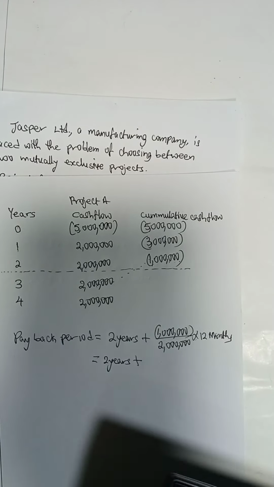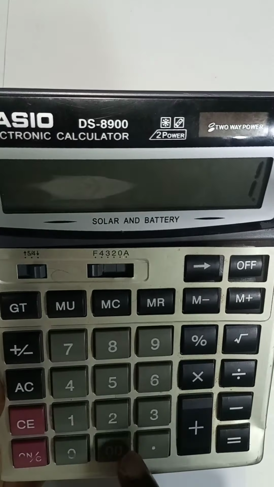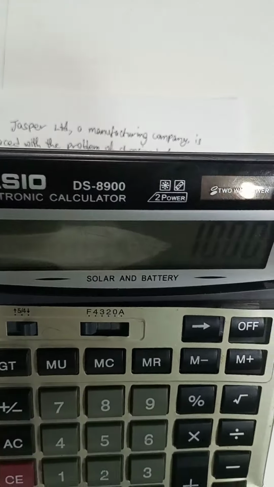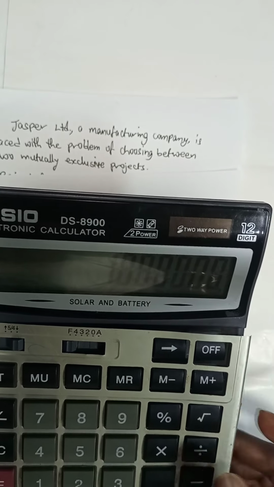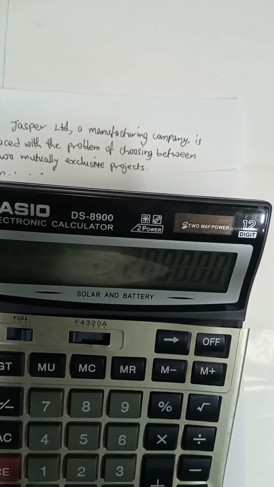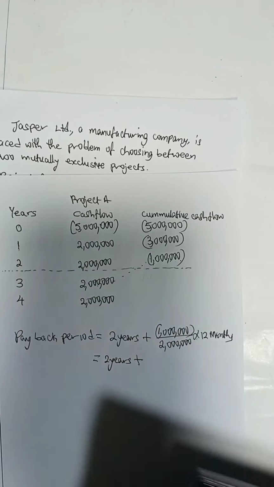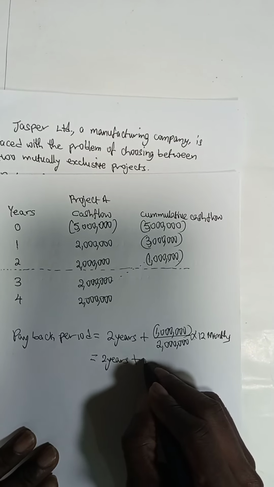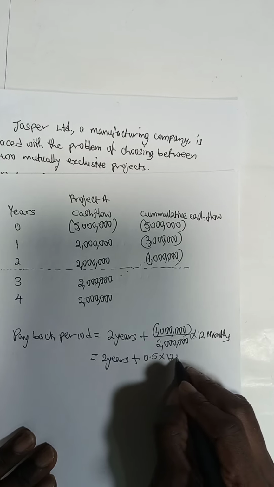So we can use our calculator to divide. That is 1 million divided by 2 million, which is equal to 0.5. This is 0.5 times 12 months.